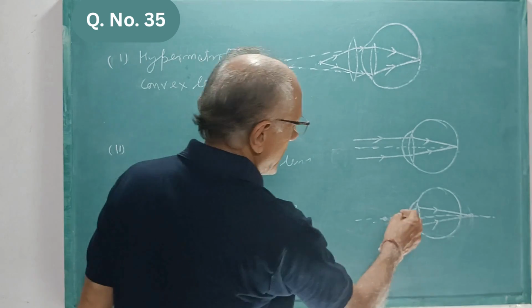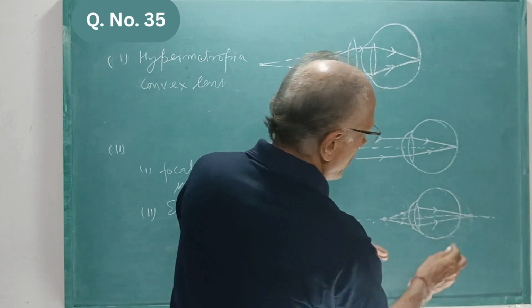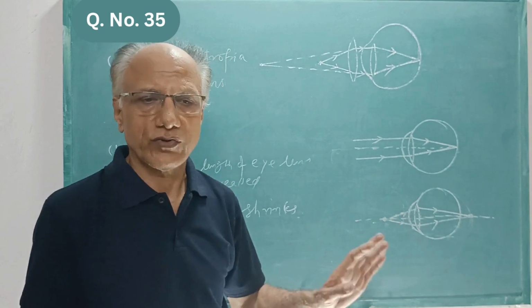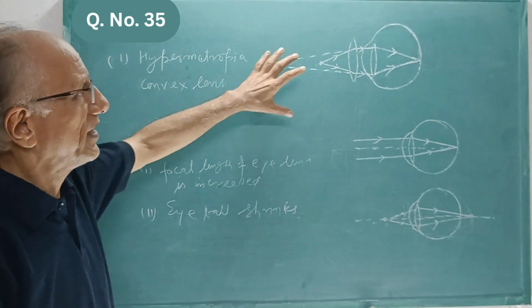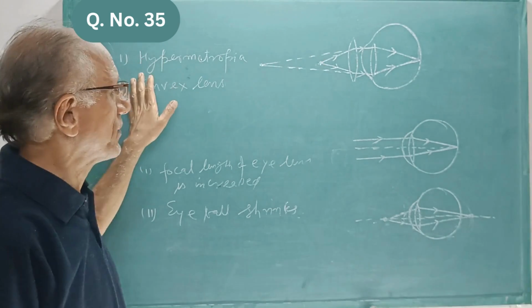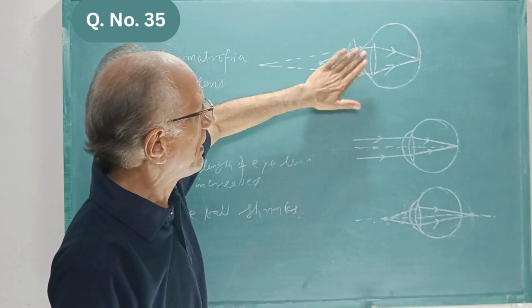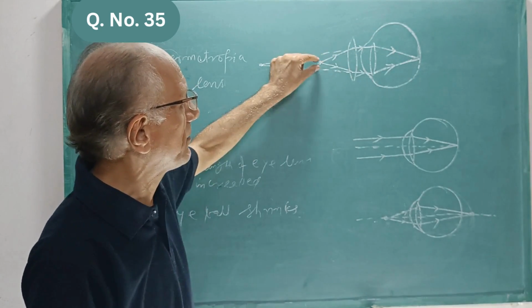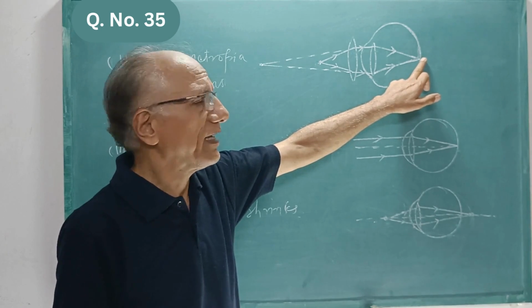Because if you put a convex lens over here, these rays will get converged over here, and then further they can be converged by the eye lens, and easily the image will be obtained on the retina. So this is how the defect is identified. The defect is hypermetropia. That means without the help of this lens, this person will not be able to see, the image will not form at the retina.